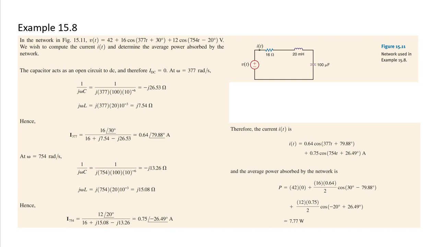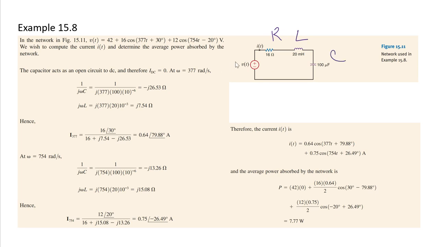Okay, this is an interesting example, example 15.8. In this example we have a sample circuit for which we want to calculate the average power absorbed. So average power absorbed would be the power absorbed by the resistance, capacitance and inductance. These all three things are available in here: the resistance, the inductance and the capacitance.